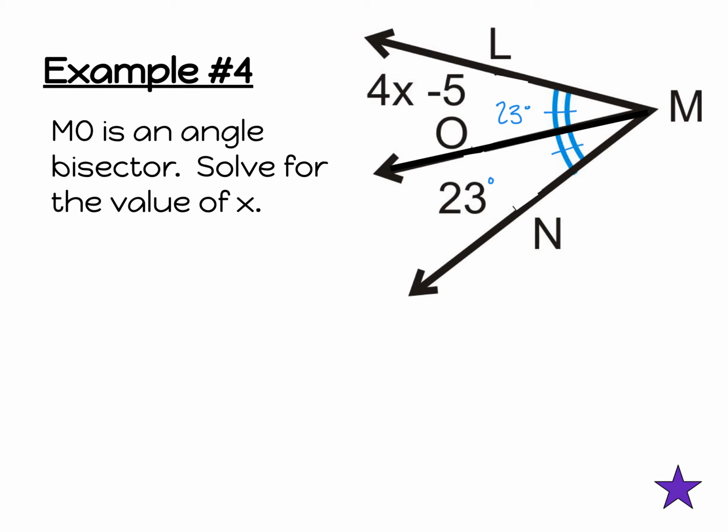That's what the angle bisector does. So we can set it up to say our expression 4x minus 5 has to be equal to 23. So 4x minus 5 equals 23 degrees. I'm going to add 5 to both sides. So I get 4x equals 28. Divide by 4, I get x equals 7.